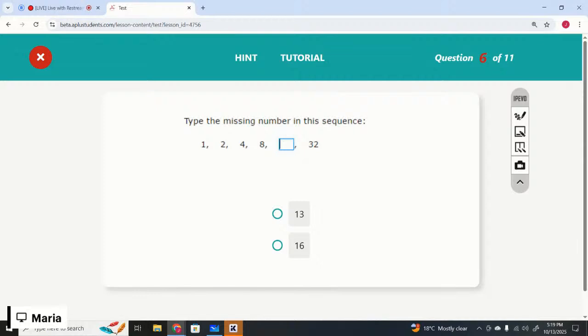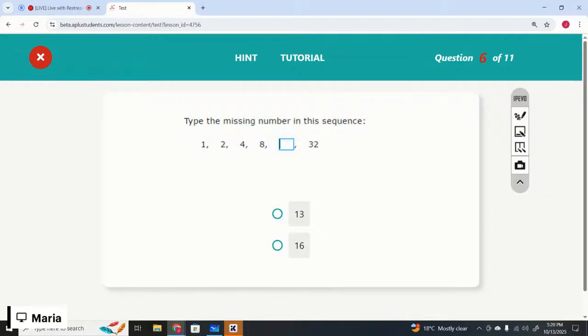Type the missing number in the sequence. Yes, you have to do 8 times 2. 8 times 2 is 16.